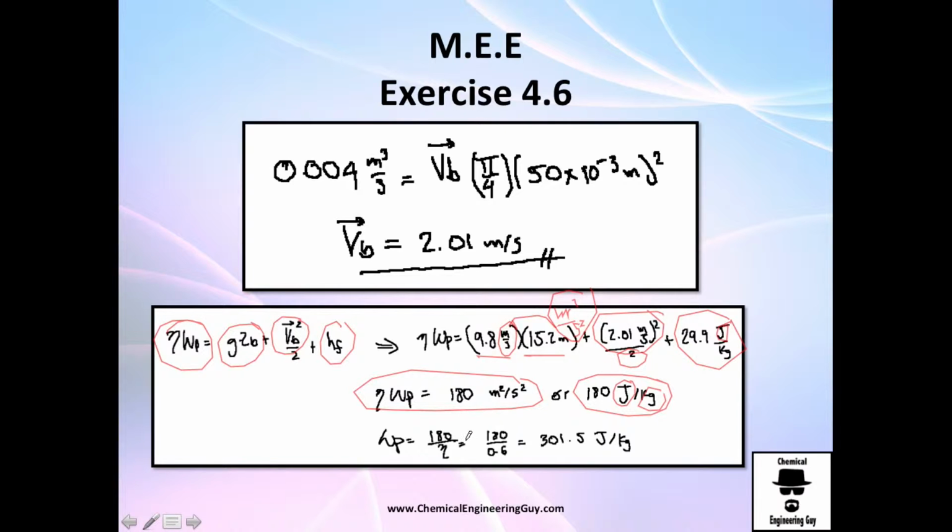And well, before actually continuing, I want to calculate the total power. So let's check, send this dividing. And the pump needs to be about 300 joules per kilogram in order to, with a 60% efficiency, give the system the 180 joules per kilogram that it needs. So we're going to waste a little bit of energy.